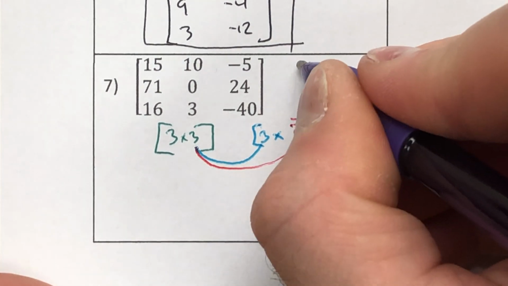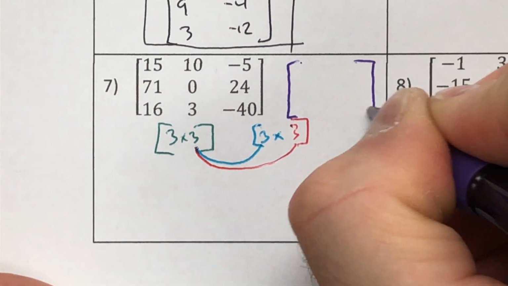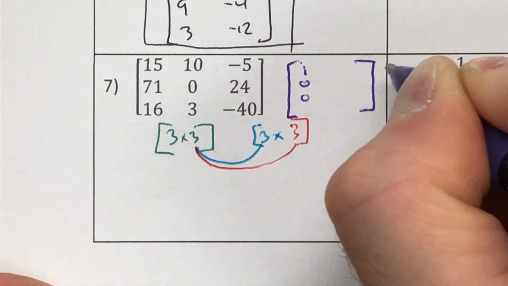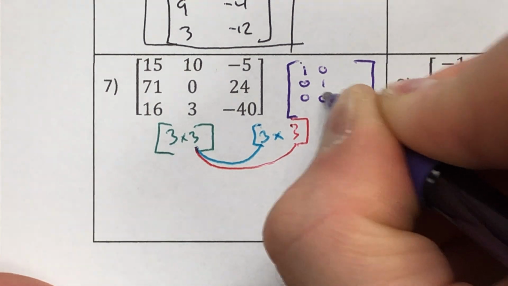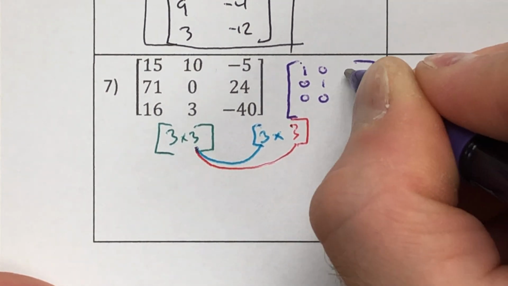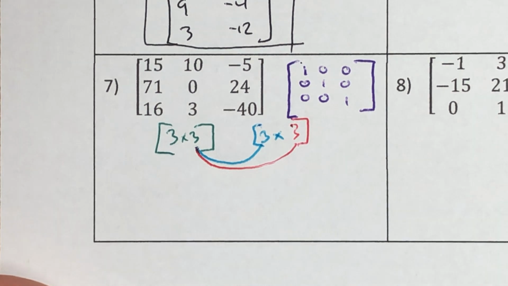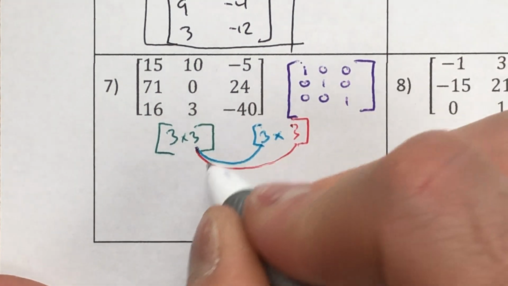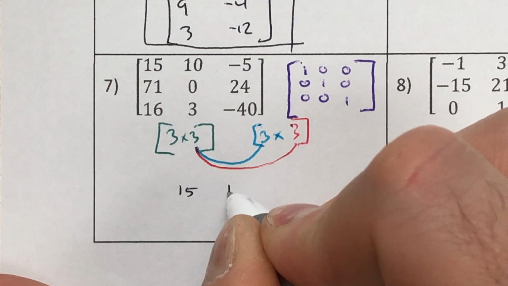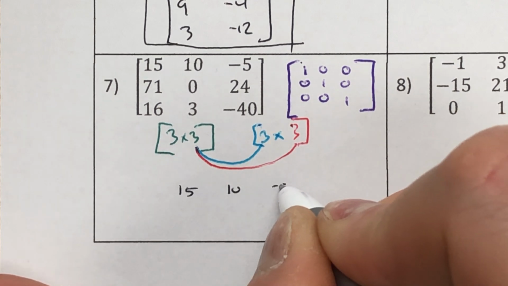So it'll be a 3 by 3. In this case, I keep the first number, get rid of the others. I keep the second number and get rid of the other 2. And the last one, I only keep the third. If you check the dot product for that, you will get the same matrix in response.